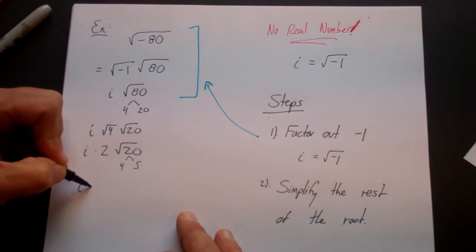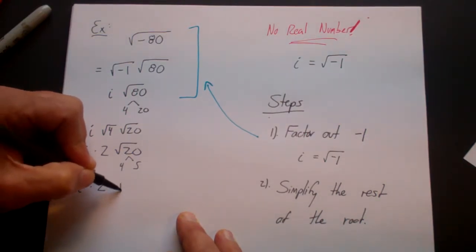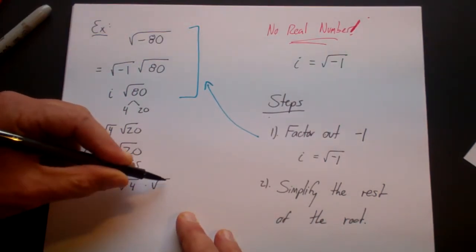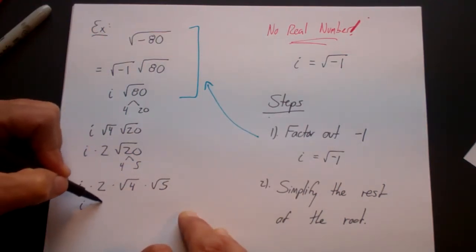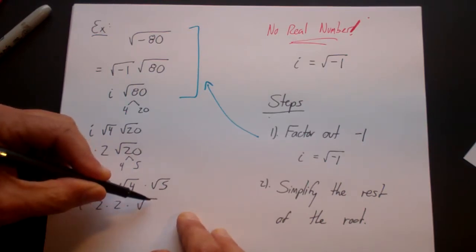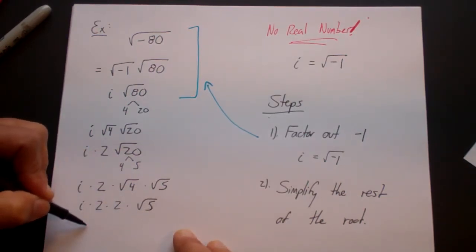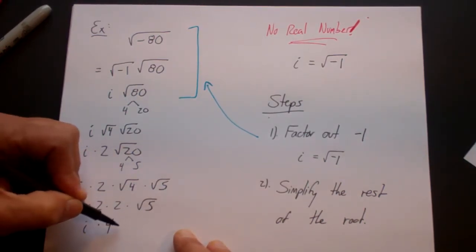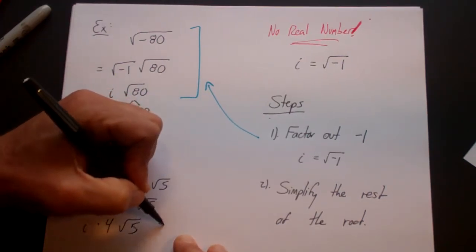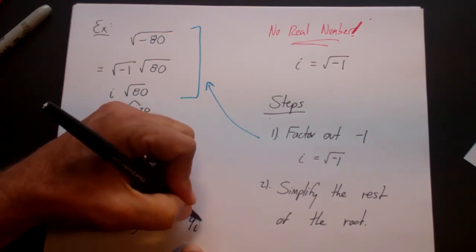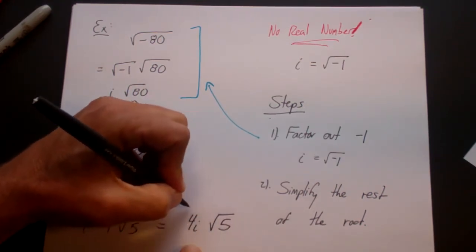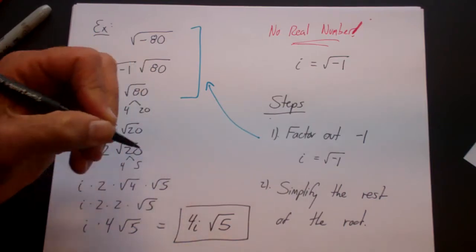So that's i times 2 times square root of 4 times square root of 5. Square root of 4 is 2, so that's i times 2 times 2 times square root of 5. And then you get i times 4 times square root of 5. Now, the way we usually write that is 4i square root of 5. And that's your final answer right there.